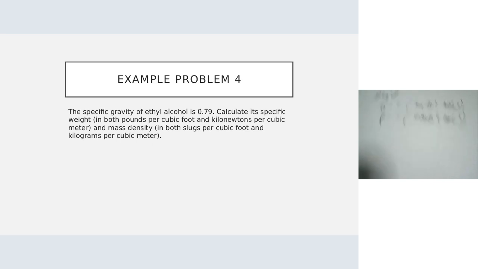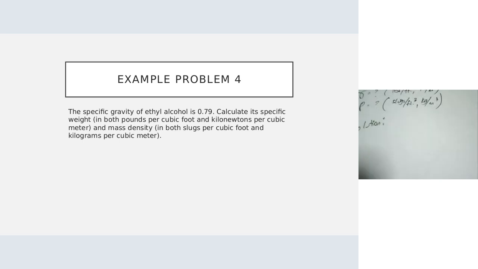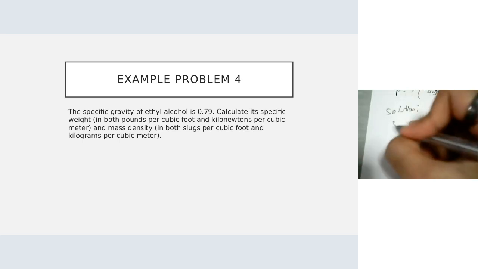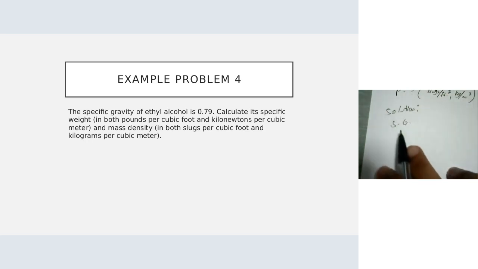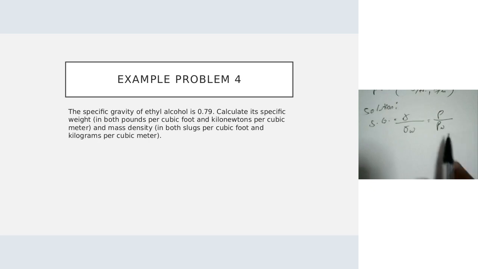That is the required. Now let's go to the solution. What is the formula for specific gravity? Remember that it is the unit weight of the liquid divided by the unit weight of water. This is also equal to mass density of the liquid over the mass density of the water.